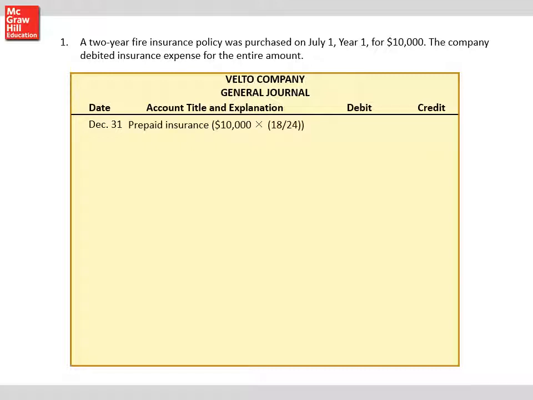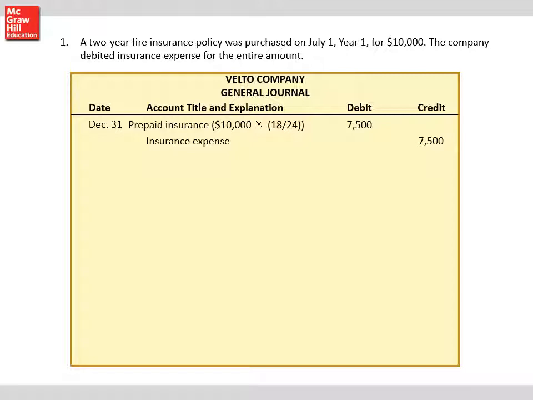How much? 18 of the 24 months, or $7,500, because only 6 months have expired. So only 6 months should be an expense. How much is an expense right now? 10,000. How much should be? 2,500. So we debit prepaid insurance for 7,500 and credit insurance expense for the other 7,500.